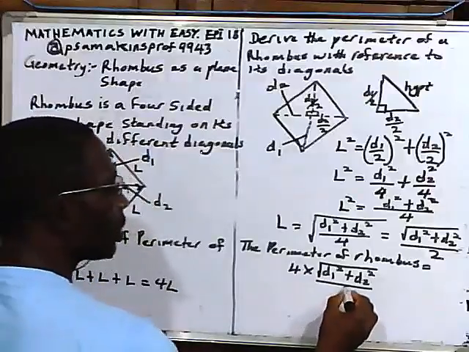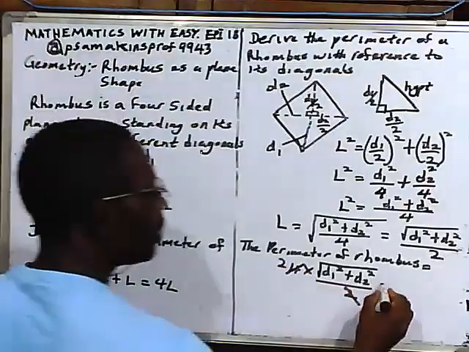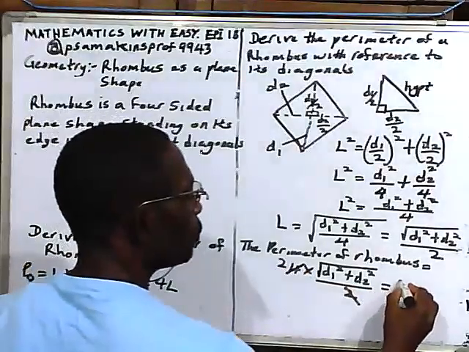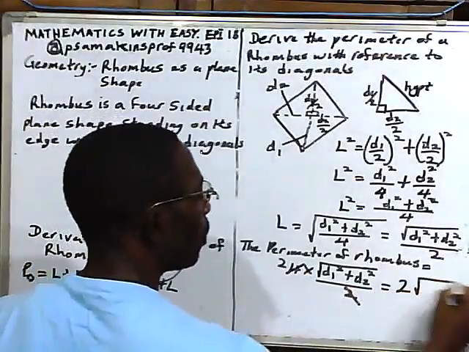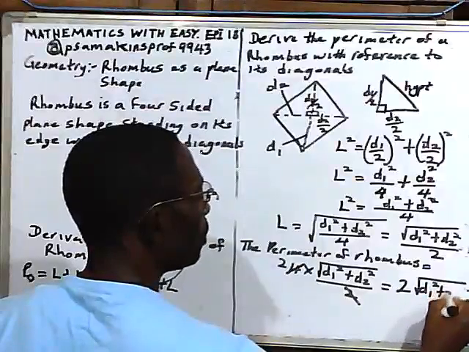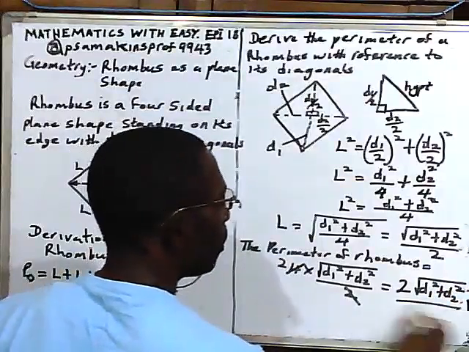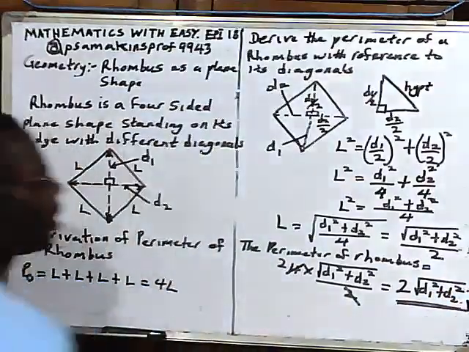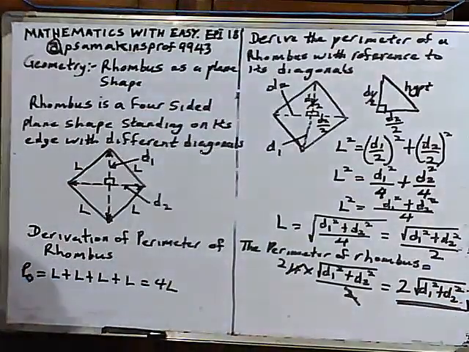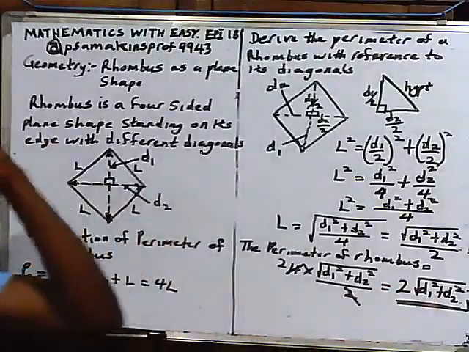So we cancel out 2, we cancel these 2. So we are having 2 square root of D1 square plus D2 square as the formula for finding the perimeter of a rhombus, using the diagonal as the reference.